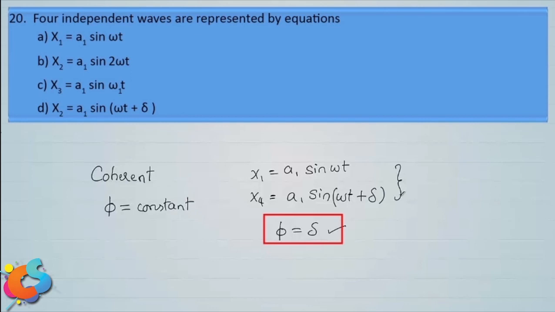Therefore, you can say that the two sources are coherent sources and interference is possible. That is, 1 and 4 can produce an interference pattern. Therefore, that is the correct answer, which is given in option D. Therefore, option D is the correct answer.